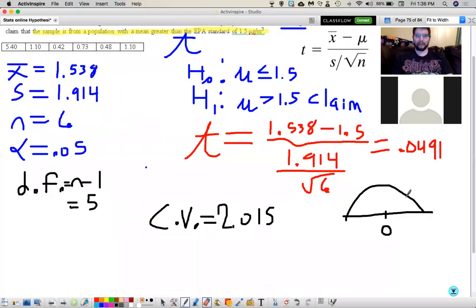So I'm going to plot that. 2.015. It's a right tail, so I'm going to shade to the right. Going to plot my test statistic, 0.04. I'll stick it right there. And we can see that it's outside of the rejection region. So I'm going to fail to reject the null.